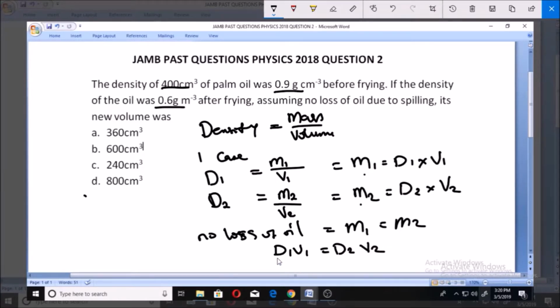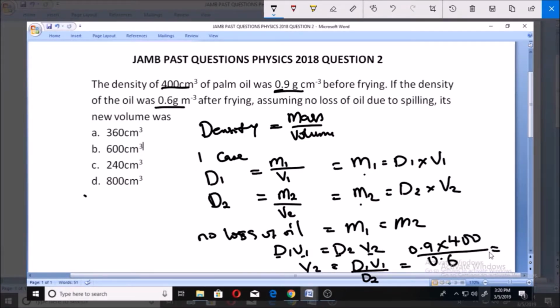Now you know what D1 is, you know what V1 is, you know what D2 is, but you don't know what V2 is. So make V2 the subject. So we have V2 is equal to D1 V1 all over D2. We know that D1 is 0.9 times V1, which is 400, all over D2, which is 0.6.